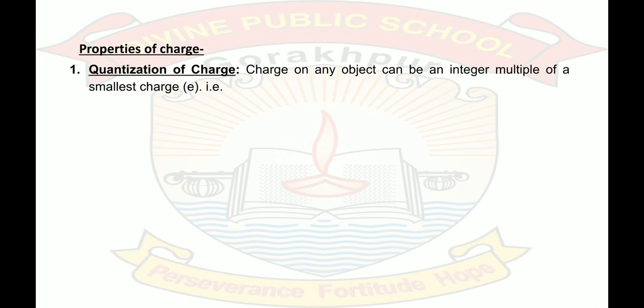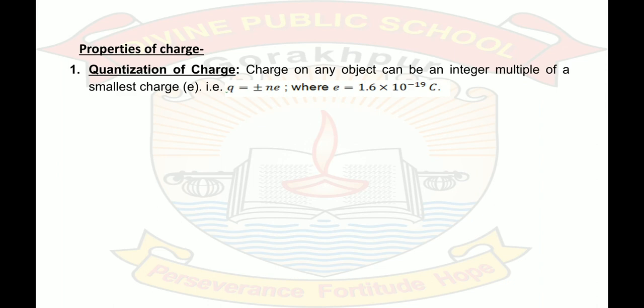So we say that the charge on a body is given by Q is equal to plus minus ne, where n is an integer and e is the charge present on one electron, which is 1.6 into 10 to the power minus 19 coulomb.